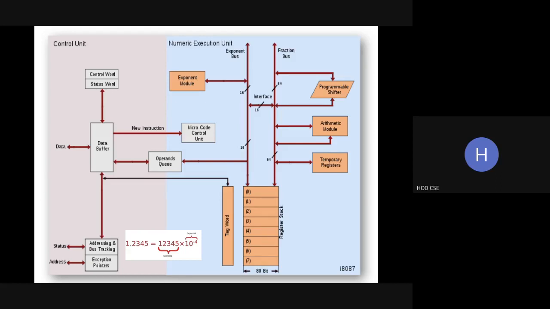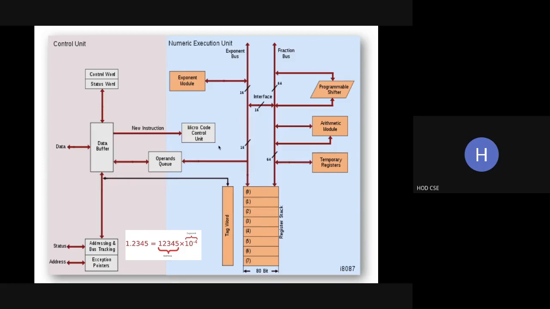That is, if there is any error, by reading the status word we can identify what type of error it is. Next we have the data buffer register. Through this data buffer register only, the data will be transmitted from 8086 to 8087.